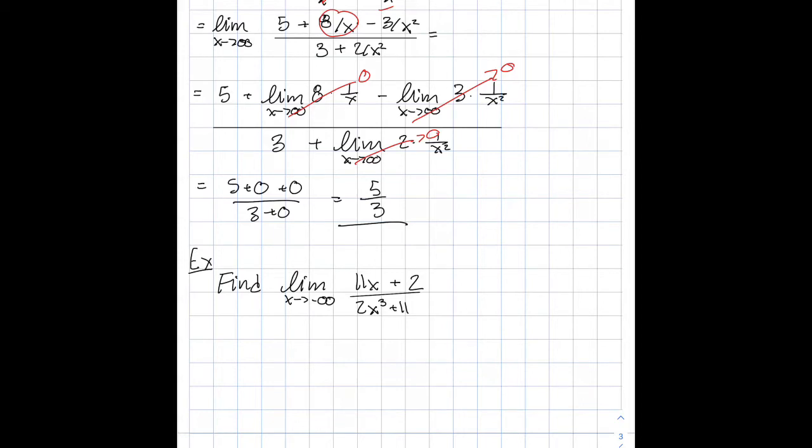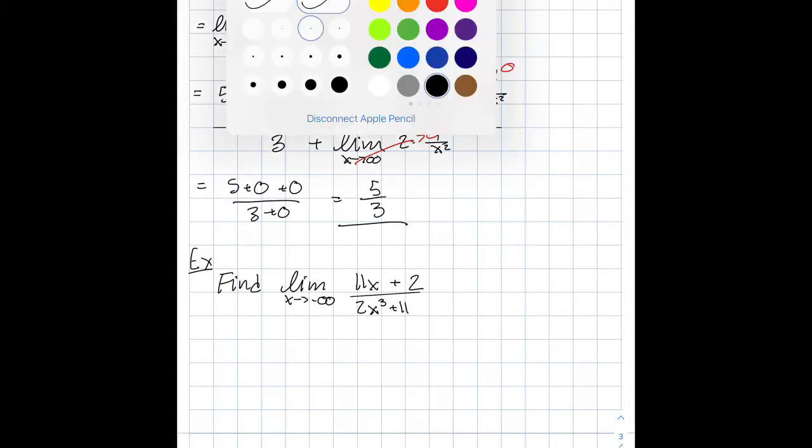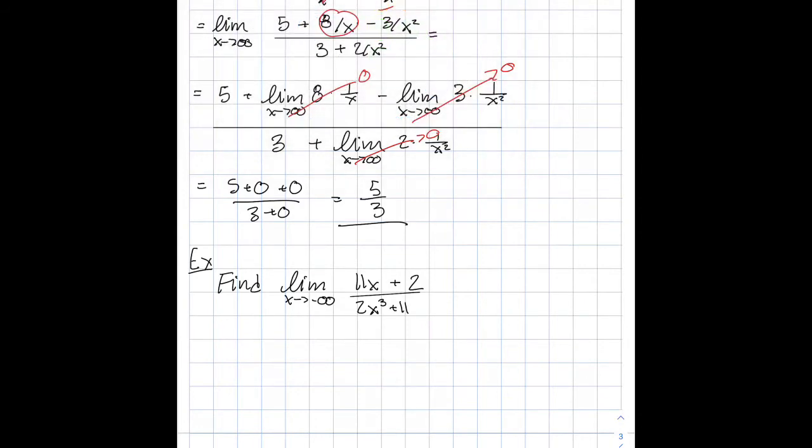So again, if we plug this in, we're going to get infinity over infinity. So we have to do the dividing by the denominator thing. So the highest power here is what?